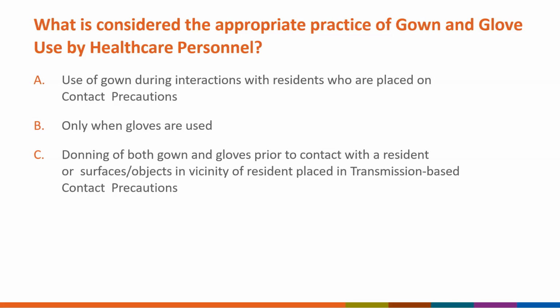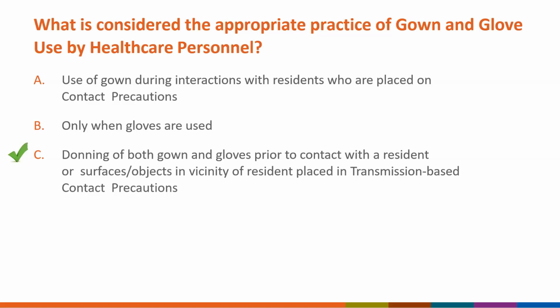A, use of gown during interactions with residents who are placed on contact precautions. B, only when gloves are used. Or C, donning of both gown and gloves prior to contact with the resident or surfaces, objects in a vicinity of resident placed in transmission-based contact precautions.